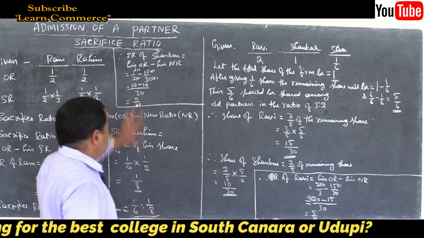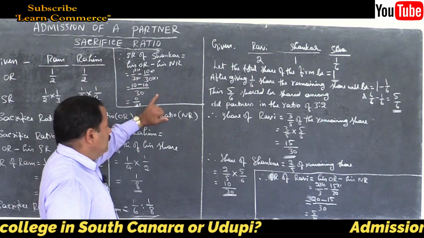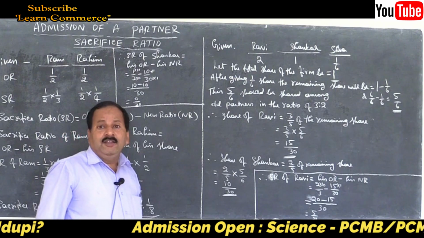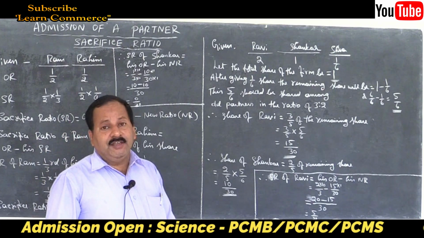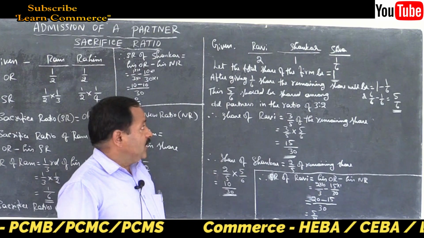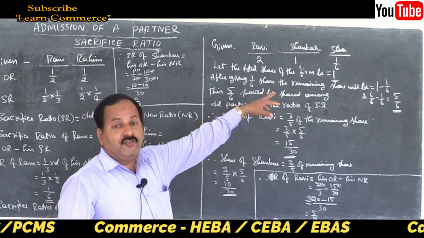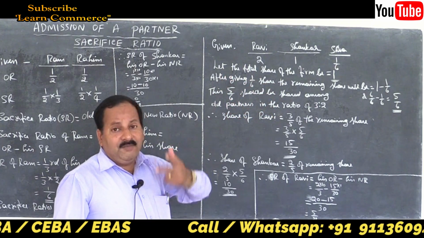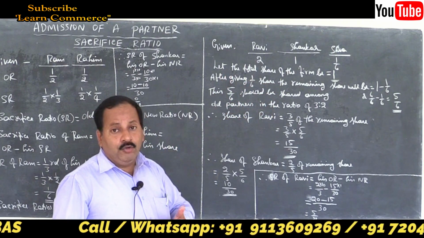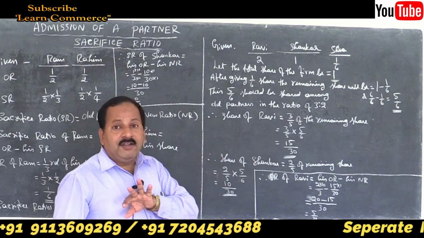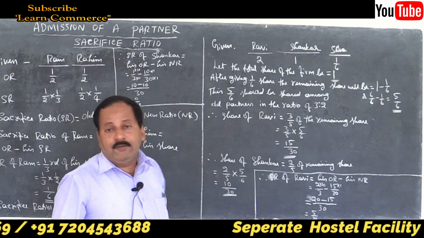After solving this, you have to write, therefore the entire share is sacrificed by Ravi alone. Or you have to write, therefore the share given to Shiva is from Ravi alone, or Ravi has sacrificed alone to Shiva, and Shankar didn't sacrifice anything towards Shiva.